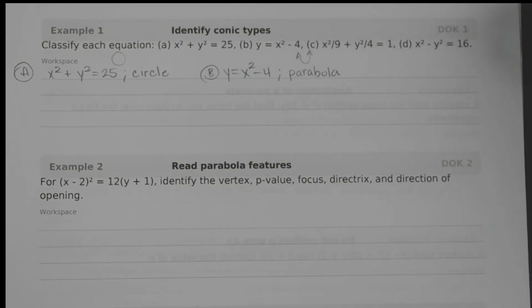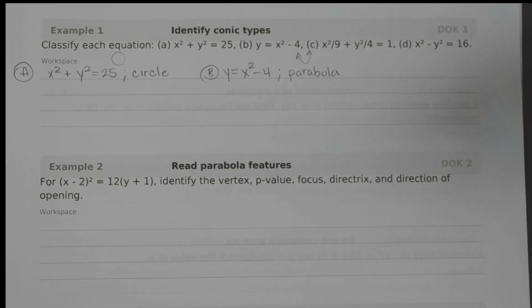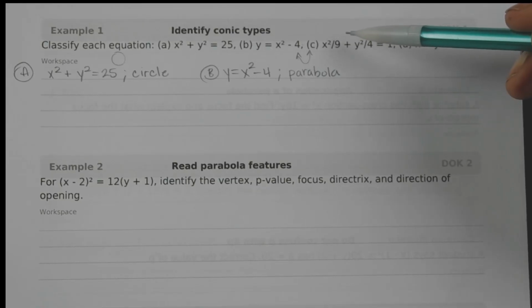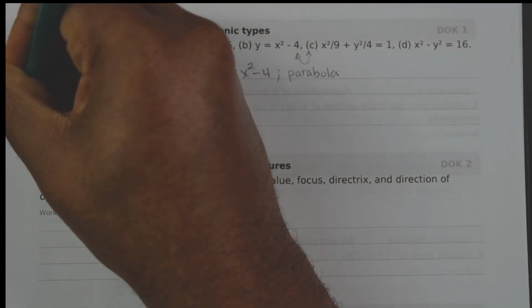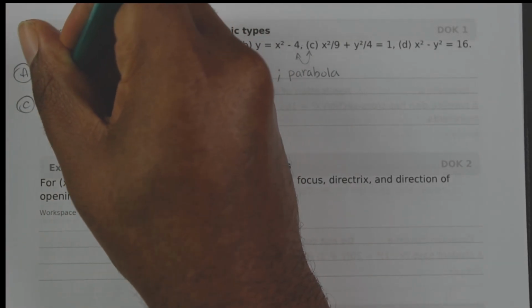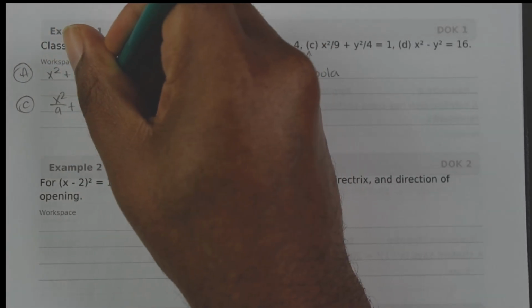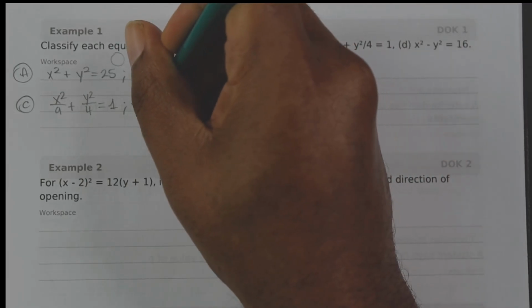Next, C: x squared over 9 plus y squared over 4 equals 1. Now notice both variables are squared and the terms are being added. The denominators are also different, so we have to look at that. That is going to give us what is called an ellipse. x squared over 9 plus y squared over 4 equals 1 is an ellipse.